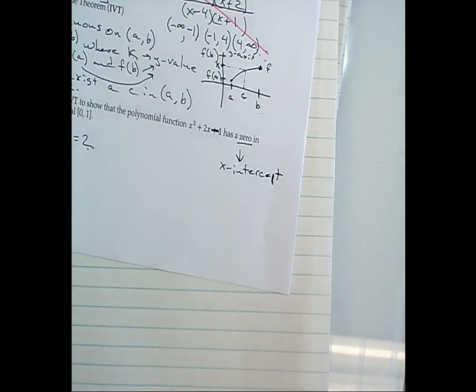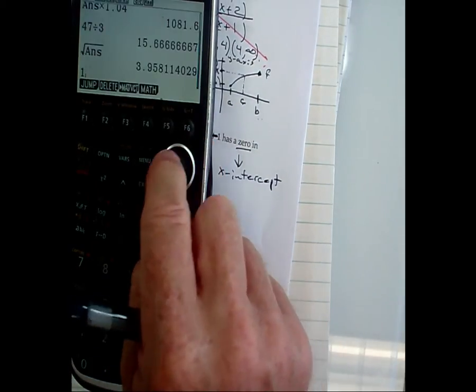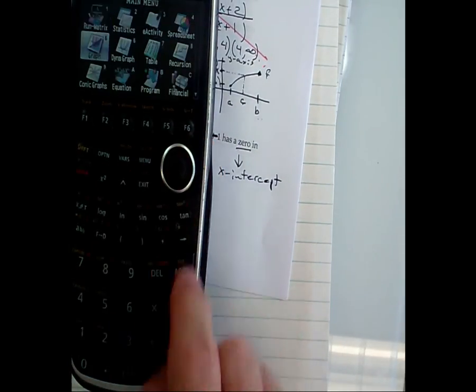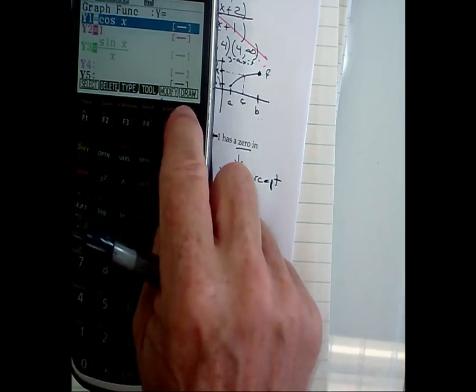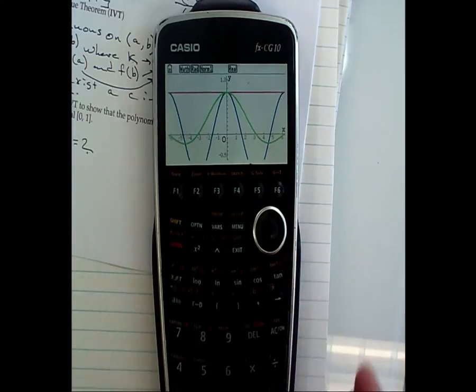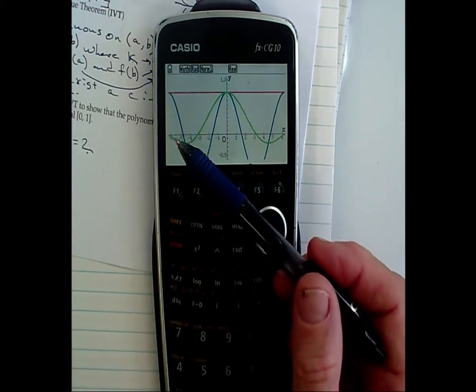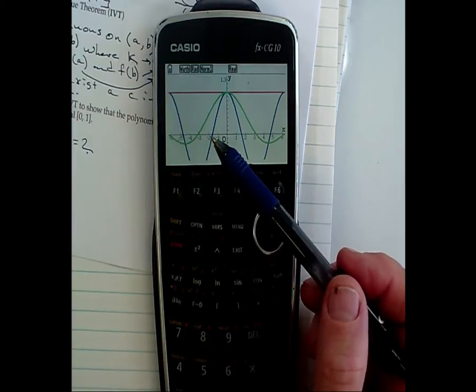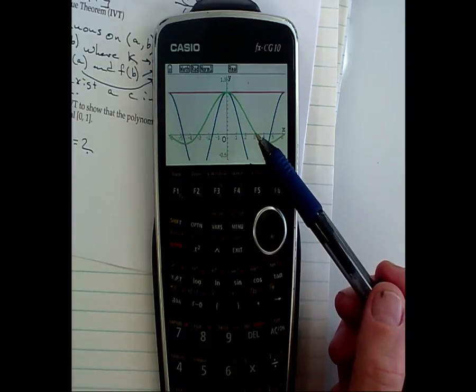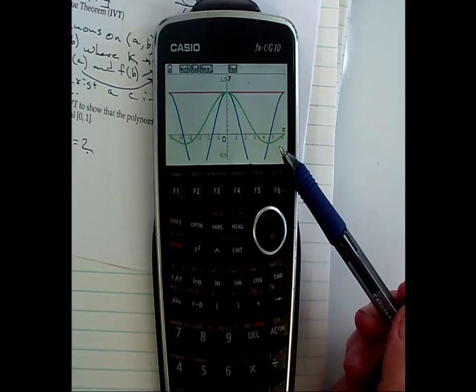Let me go to my machine. A lot of x-intercepts, wouldn't you say? Here's an x-intercept, here's an x-intercept, here's an x-intercept, here's an x-intercept. I see 6 x-intercepts. Would you agree? 6 zeros. Would you agree?